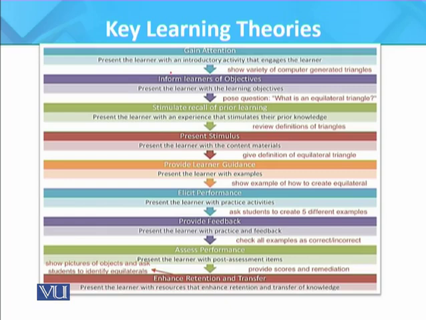You can present a learner with an introductory activity. In gaining attention, you can present the learner with the learning objective. You can present the learner with the experience that stimulates the prior knowledge. You can present the learner with the content material. And short examples are mentioned here.